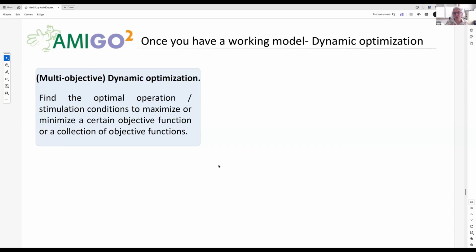So you would need to use your model to try to devise which is the optimal delivery of that drug. In our case, for example, we could think of maximizing the amount of cells in our illustrative example, maximizing the amount of cells in minimum time. And we could try to devise the initial conditions and the substrate composition, or whether we need a fed batch system to achieve the maximum amount of cells at a given time.